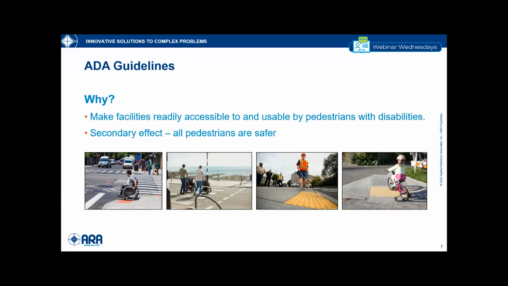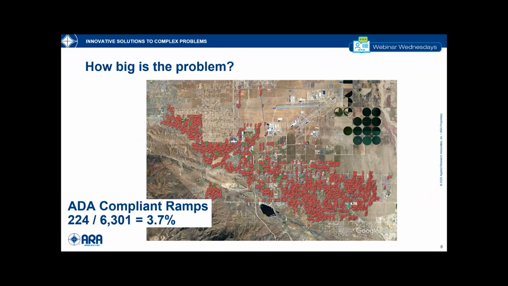Now you might ask, how big is the problem? Well, this is how big the problem is. When you use the PROWAG to analyze ADA ramps, and we did this for a city in California, 3.7% of the ramps were 100% ADA compliant. Now that could mean that the ramp is perfect, but there's a little lip.